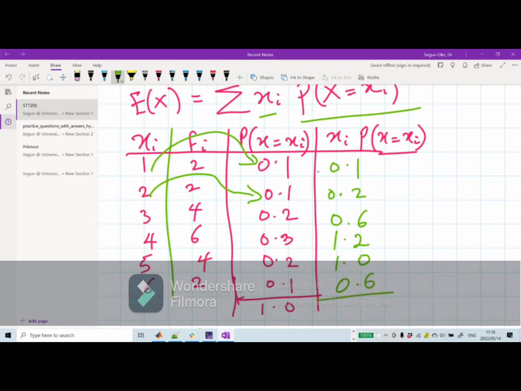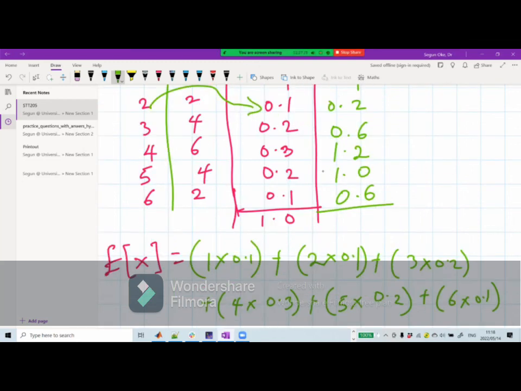So add everything together. What do you have? 3.7.